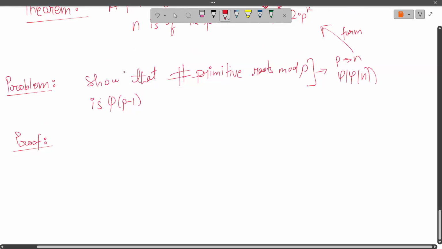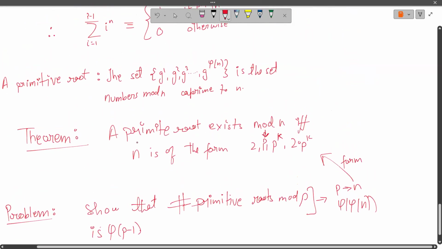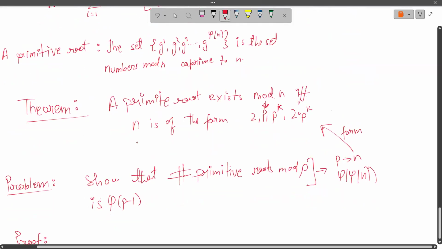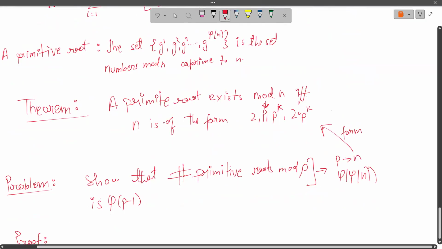Meaning if a primitive root exists, then N is of the form 2 times p to the power k. Why does that imply it? Because this shows that every prime p must have a primitive root, right? Oh no, we are assuming.